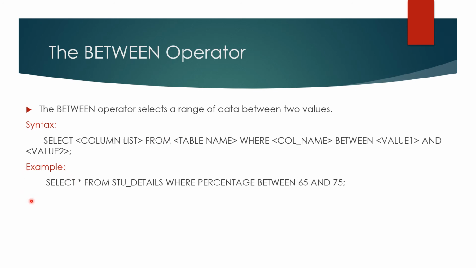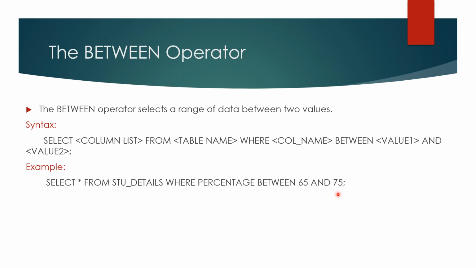So here is an example. Select star from student details where percentage between 65 and 75. So when we execute this query, it displays a list of student details who secured a percentage between 65 and 75.